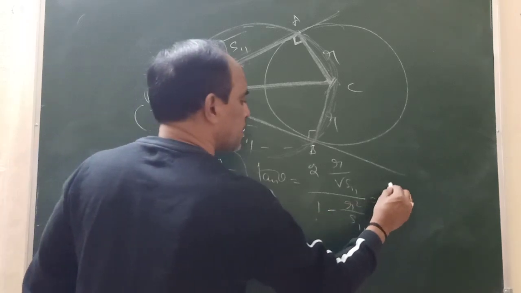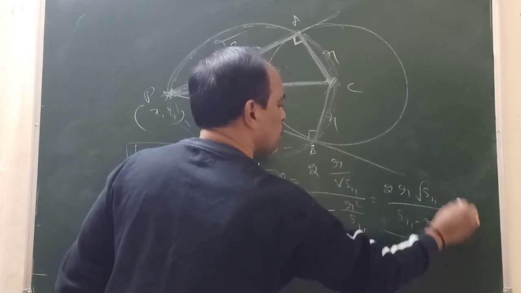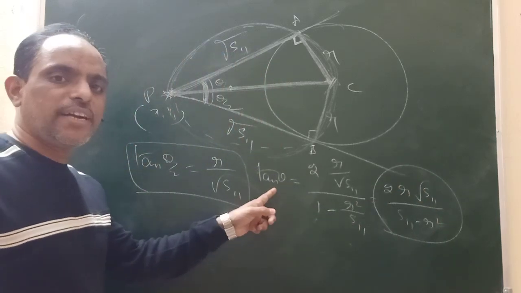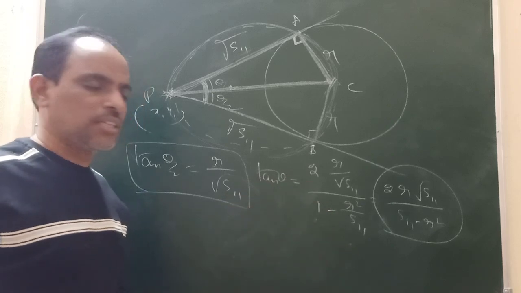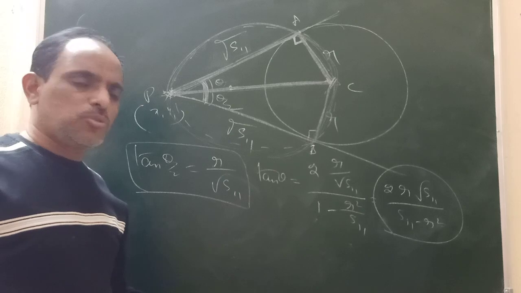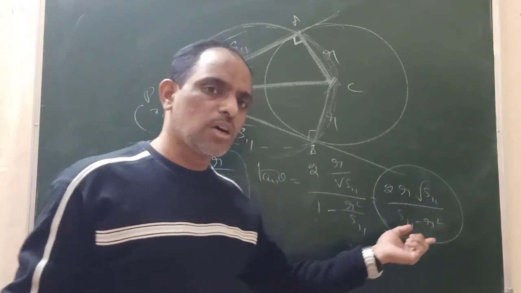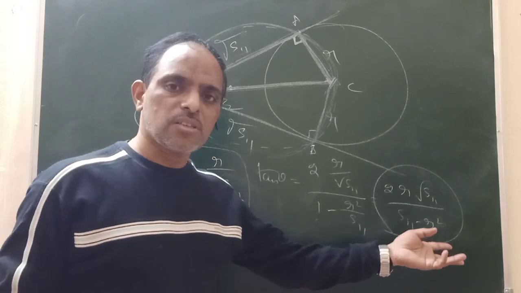From this we get 2r root s11 by s11 minus r square. This is the formula to find the angle between the tangents. Otherwise you can directly find tan theta by 2 and multiply by 2, then you will get the total angle. Or you can use the formula tan theta is equal to 2r root s11 by s11 minus r square.